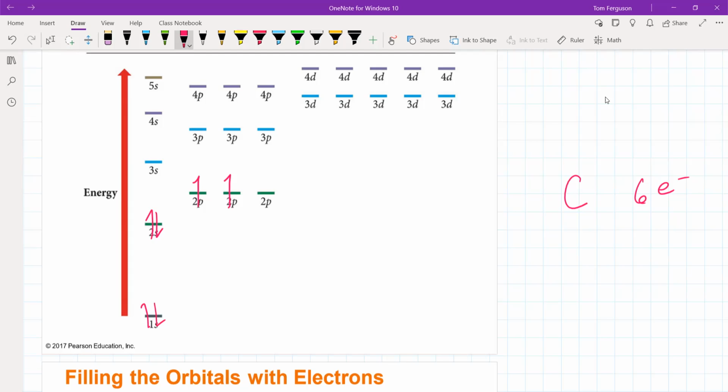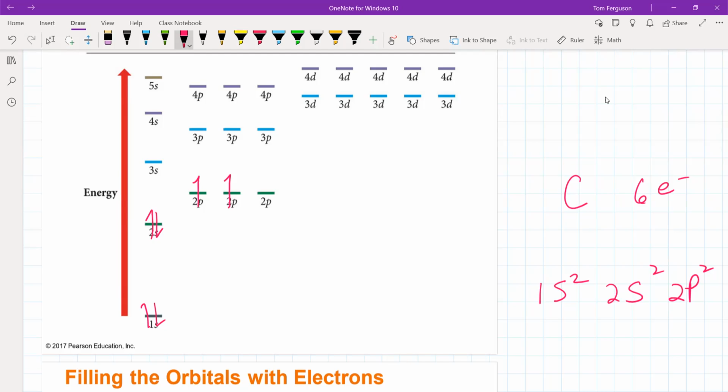Okay, so let's write the configuration now for carbon and all the electrons in it. We're going to start off with the first shell, which is 1. It only has s electrons. And how many are in there? 2. What's the next one that fills? 2s. And how many are in there? 2. And what about the next one? And how many are in there? 2. So that's the electronic configuration for carbon: 1s2, 2s2, 2p2.